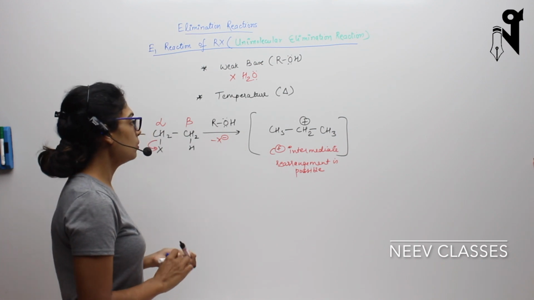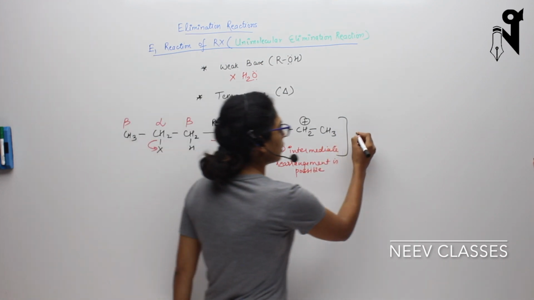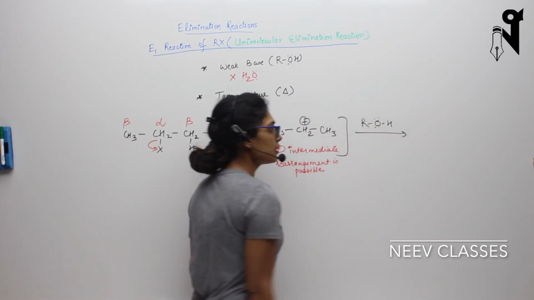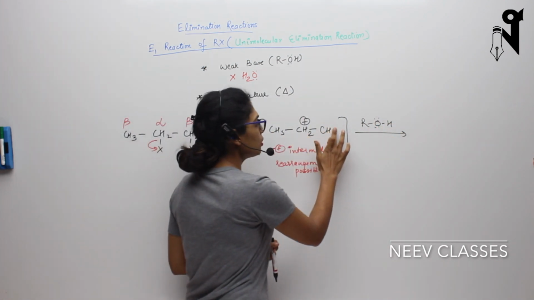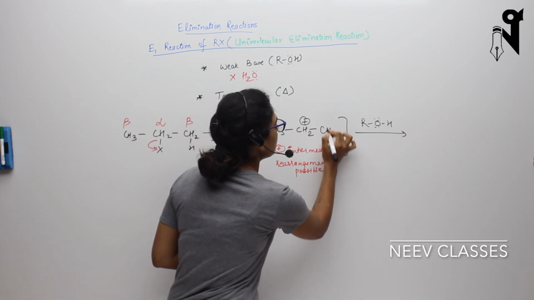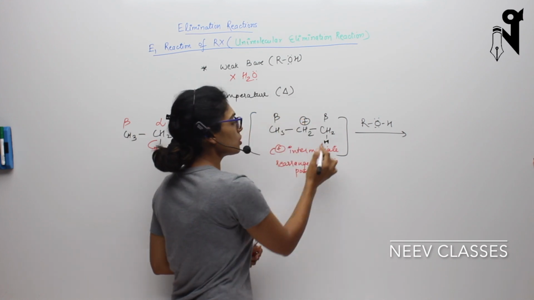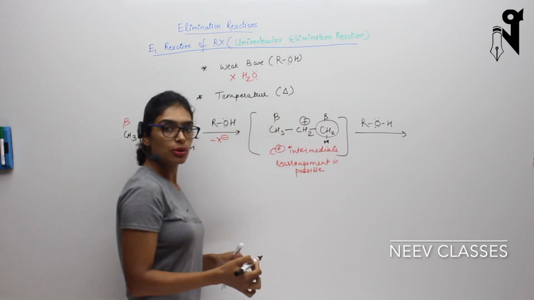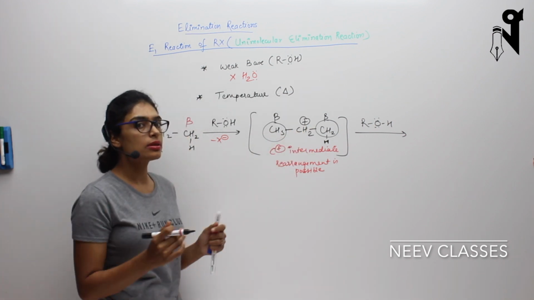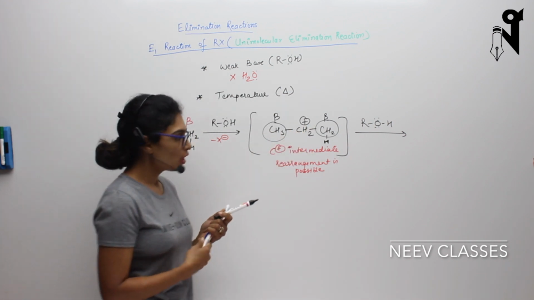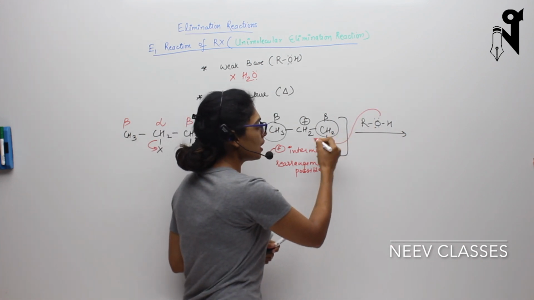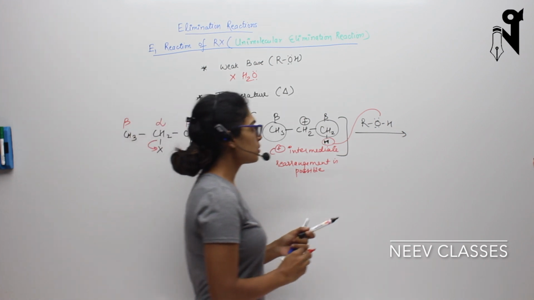Now, my ROH will act as a base and will try to remove the hydrogen which is present on the beta position. I have two beta positions. Now this molecule is symmetric, so it doesn't matter from where the hydrogen is getting removed. So let's assume that this oxygen has attacked this beta hydrogen to remove it.